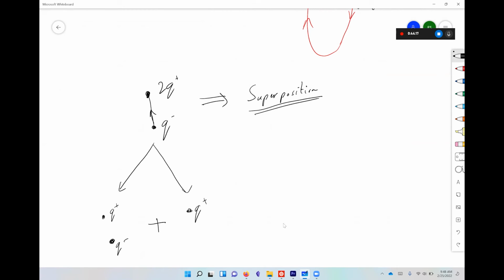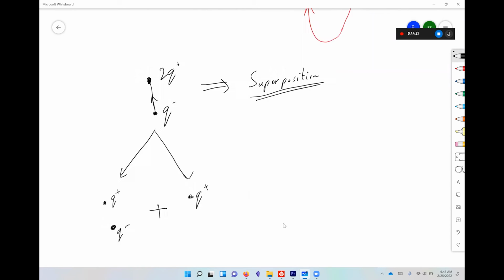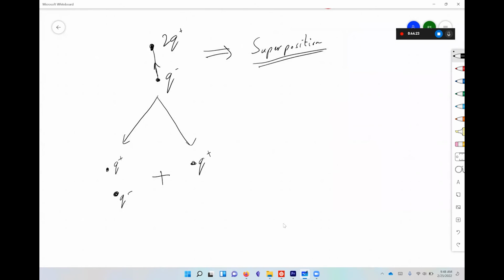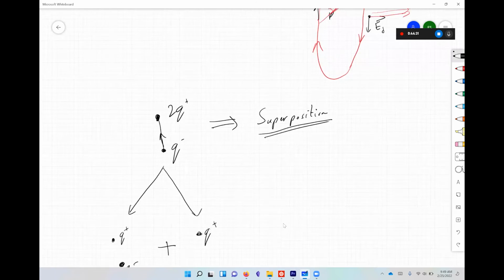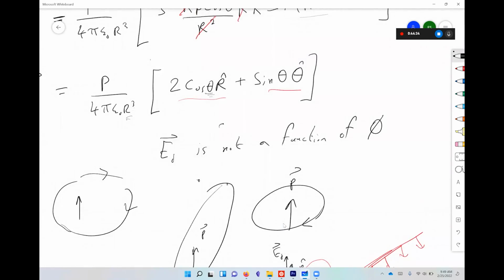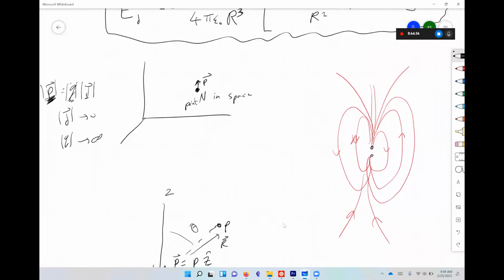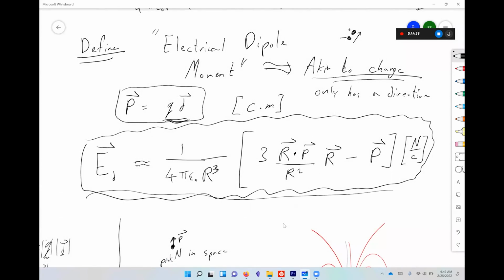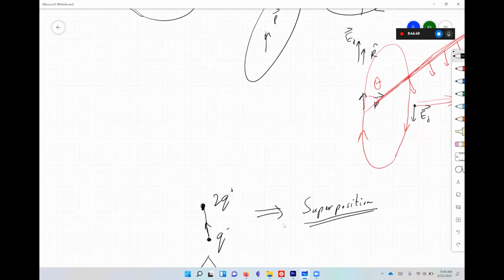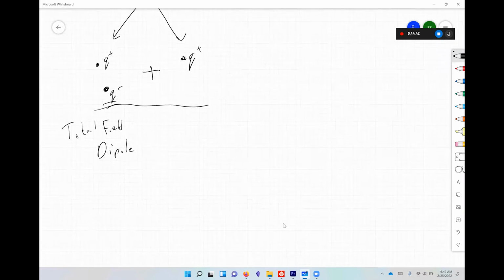If you make the dipole unbalanced, what you're really getting is that your total field is going to be the field of a dipole, which you can get using this equation, plus the field of a monopole.